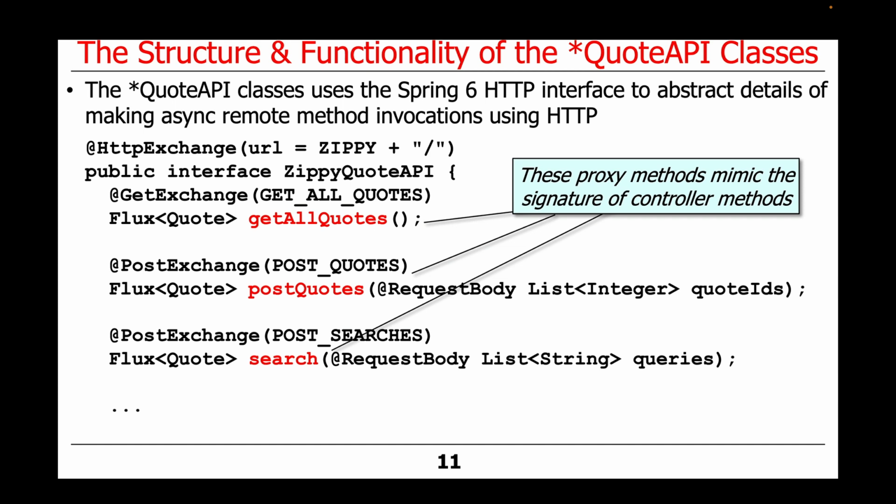We have these proxy methods that we write: get all quotes, post quotes, search, searchex, and so on. And you can see that they very closely mimic the signature of the controller methods. So you'll see here that post quotes looks pretty much like what post quotes looks like in the controller. In particular, all these methods can return Project Reactor flux types, which is something that you cannot do with Retrofit.